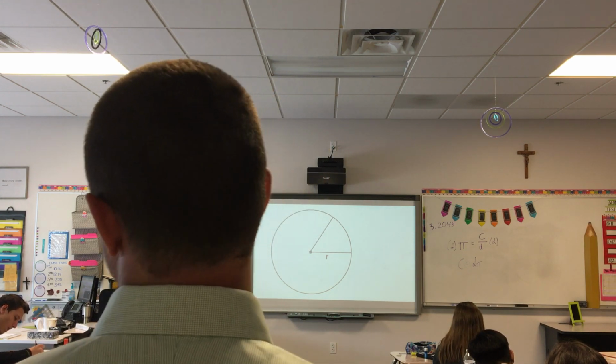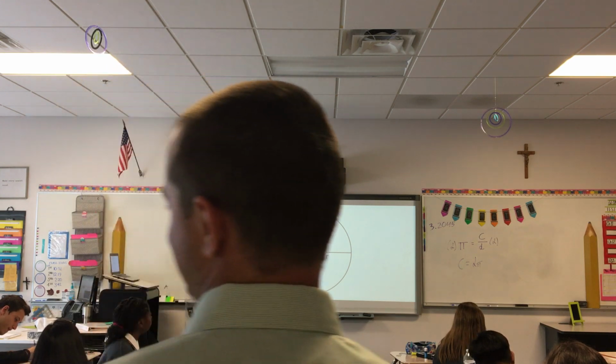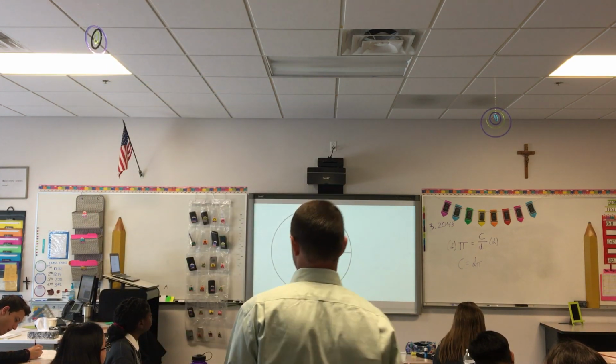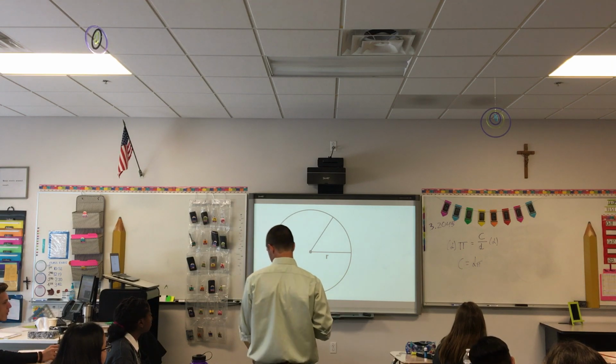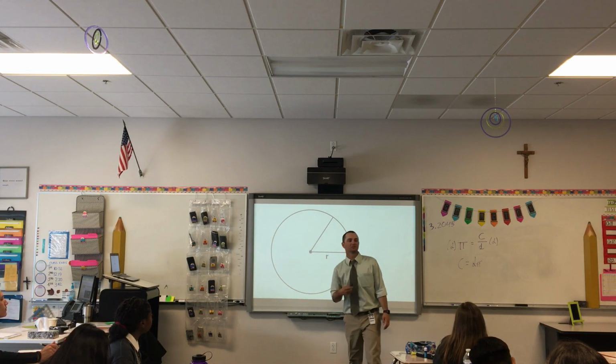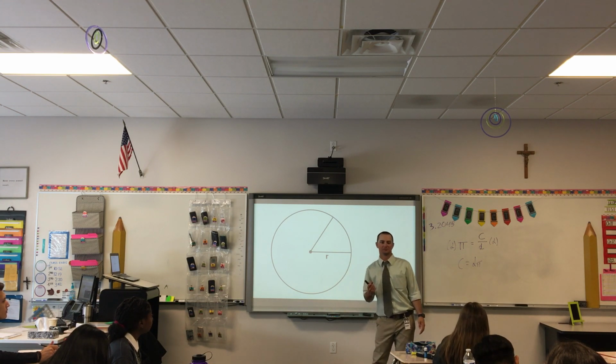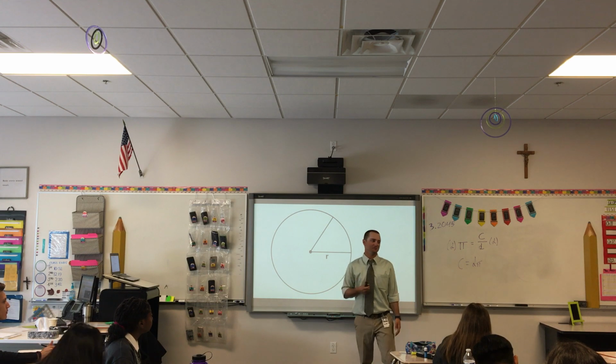Why are there 360 degrees in a circle? Anybody know? Or you just got told that, right? There's actually no real reason mathematically for it to be 360 degrees, besides the fact that 360 is a really nice number.